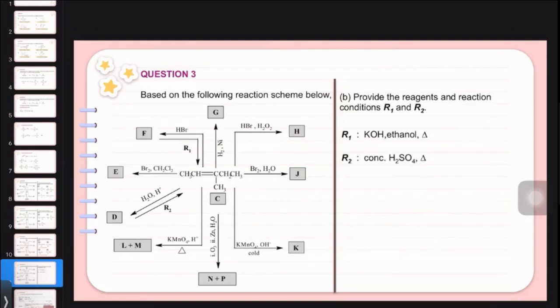Compound C kat sini adalah alkene, and compound G di sini adalah alkane.